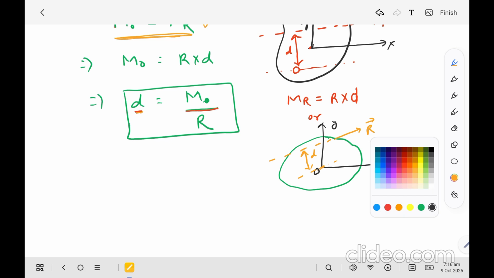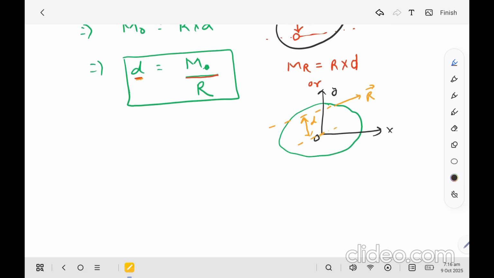And now the next task is to find the angle, it means the inclination of the resultant about a given axis.